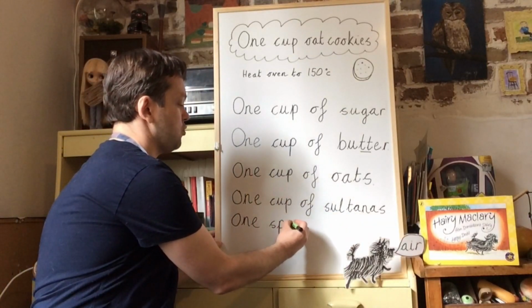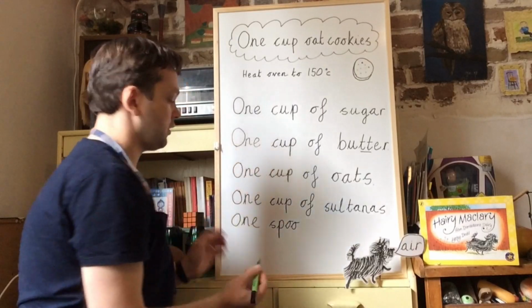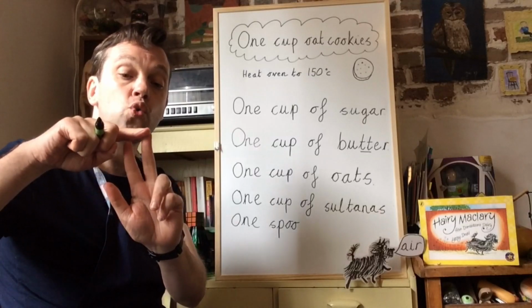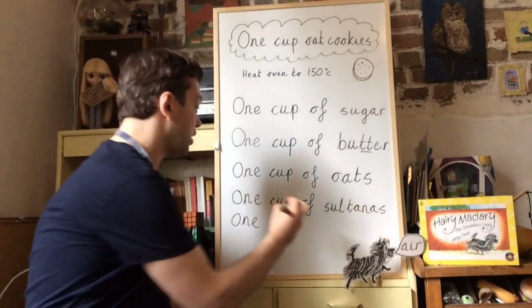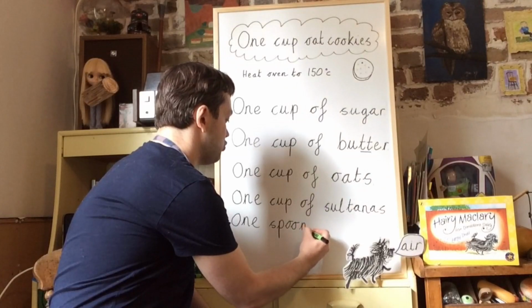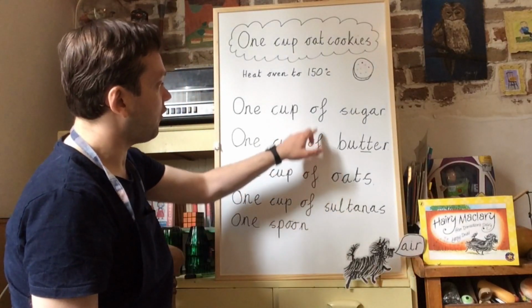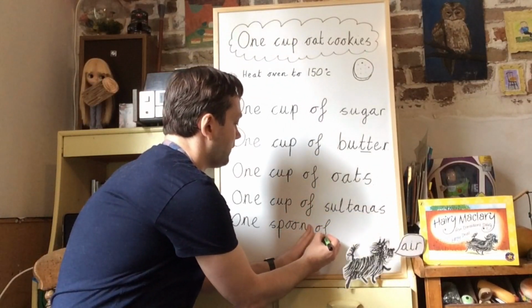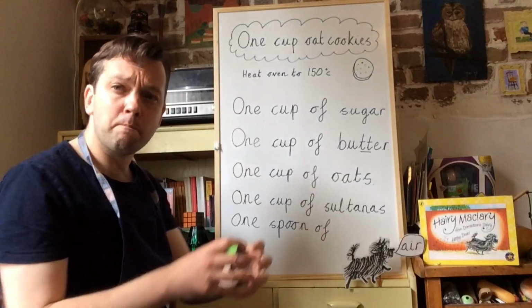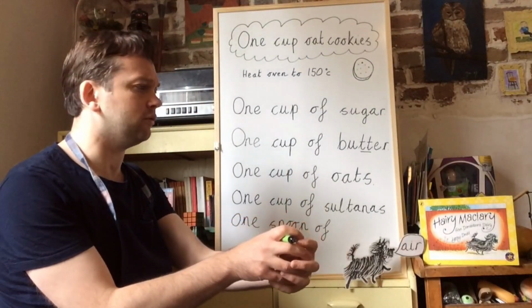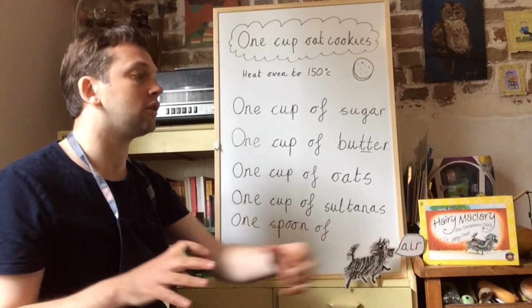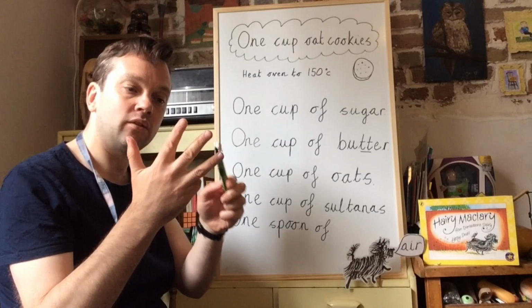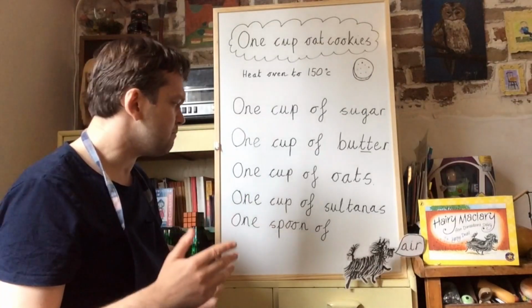Yeah, the letters O and O. Very good. And last sound. Spoon. 1 spoon of is the letters O and F. Now milk. Let's stretch it out. Milk. Ilk. Milk.